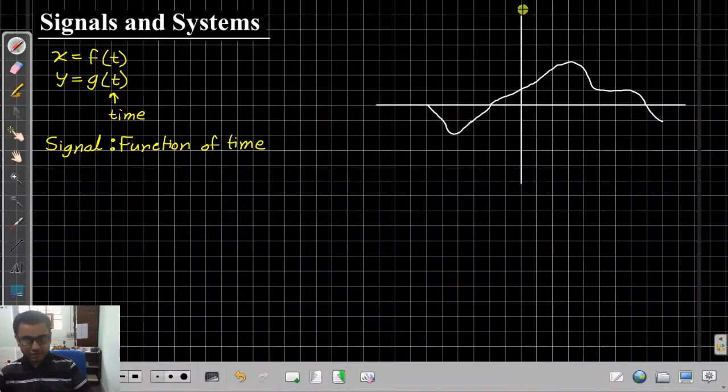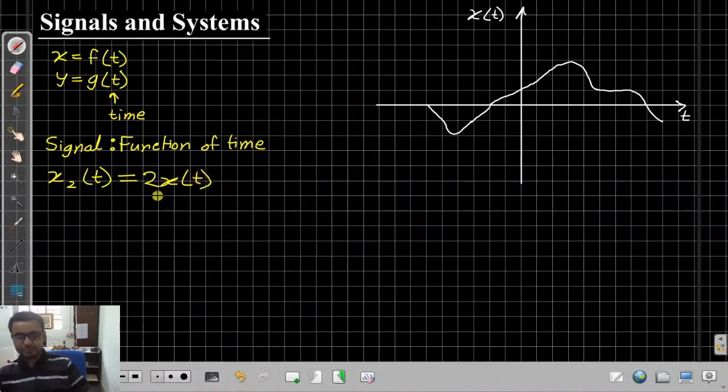Call this function x of t, and let us define a new function, say x2 of t, which is defined to be 2 times x of t. Let me now ask, how will this graph look like?